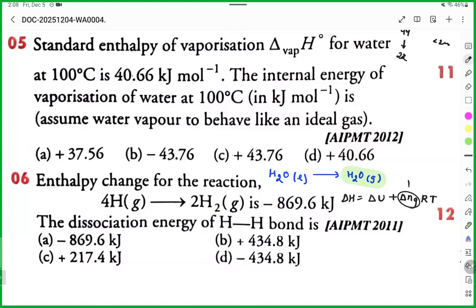RT क्या होता है reactant value? R is gas constant 8.3. Temperature 100 degrees Celsius, 373. Then, ये thermochemistry का क्वेश्चन तो नहीं है. But combined तो है ही. This is more like thermodynamic, not thermochemistry.